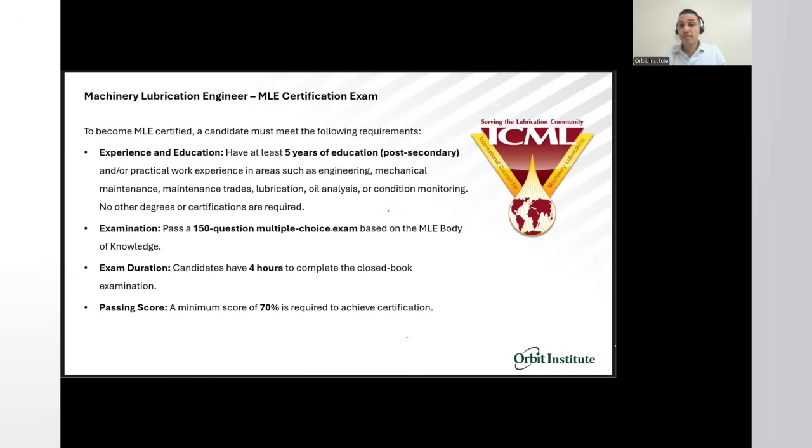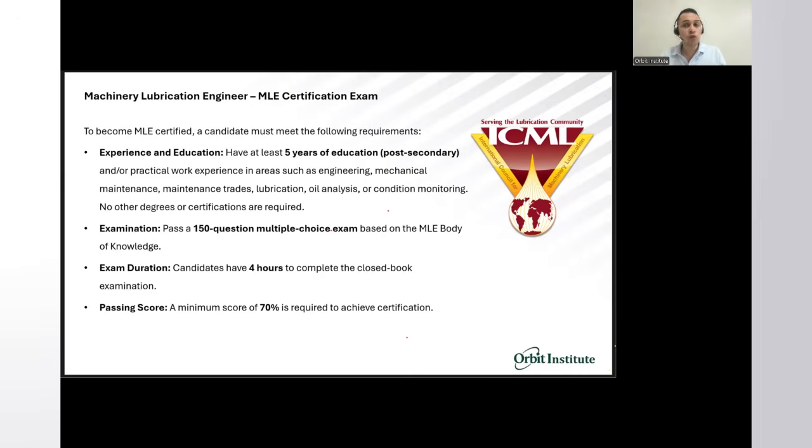Okay, so to become a machinery lubrication engineer certified, to become MLE certified, you need to have experience and education, at least 5 years of post-secondary education and or practical work experience in areas such as engineering, mechanical maintenance, maintenance trades, lubrication engineering, oil analysis, condition monitoring, whatever.